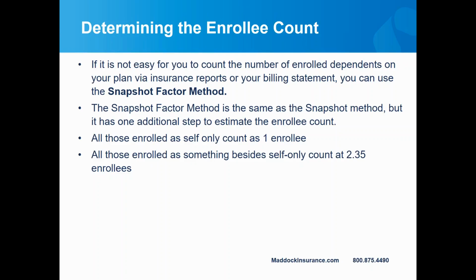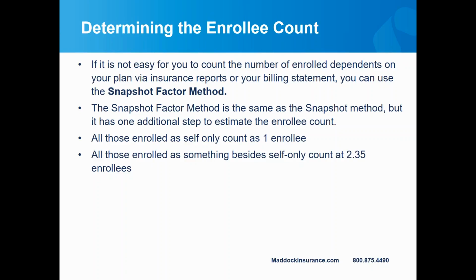So there'll be like an employee and spouse or employee, spouse, children, but it doesn't list the number of children. If that's an issue, you can use a snapshot factor method. The way you do that is you use the same counting method.